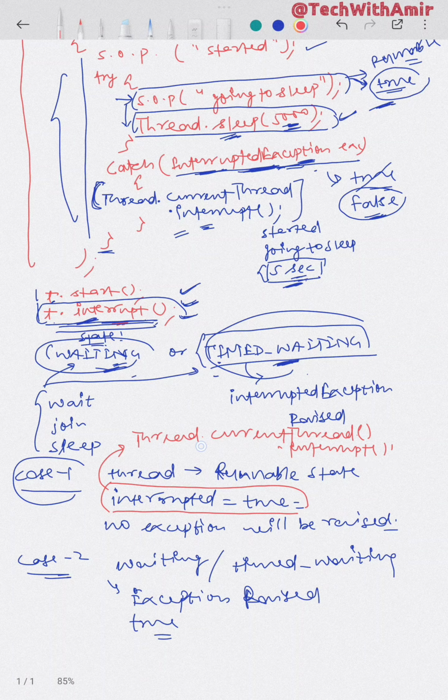So if you don't call this line after the thread gets interrupted, when this is set to true, then at a later stage when the thread is in one of these two states, the JVM will immediately throw the interrupted exception, because it will see that the thread's interrupted status is already set to true. So this was the point which I had missed in the last part of the video, which is part 2.